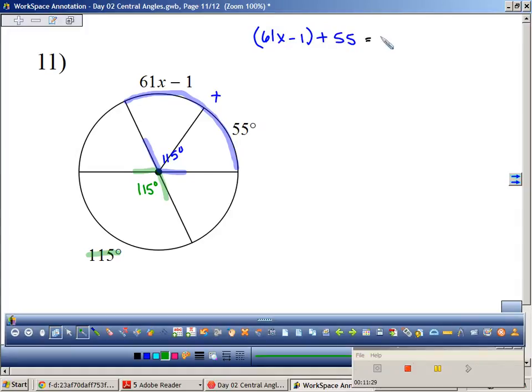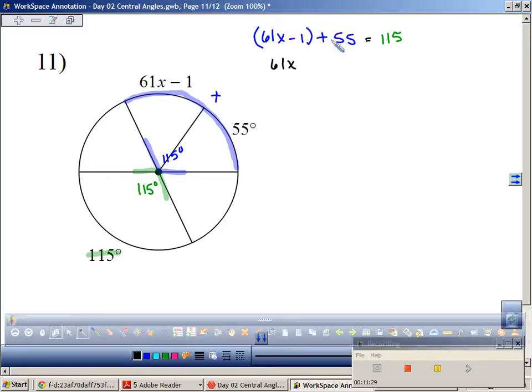I'm going to change the color though. Alright, so 61x minus 1 and positive 55 is 61x plus 54, equals 115. If I subtract 54 from both sides, I get 61x equals 61.